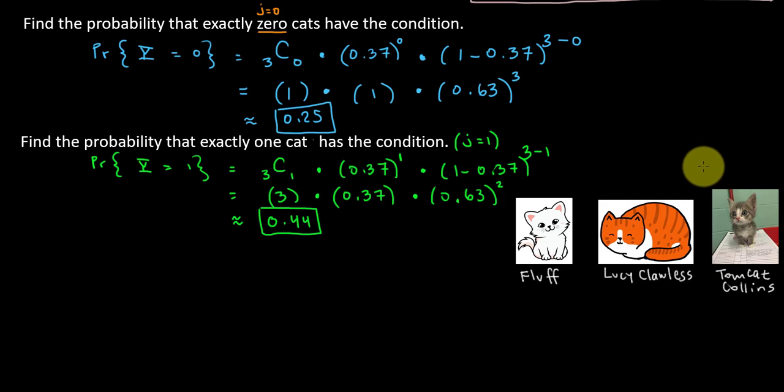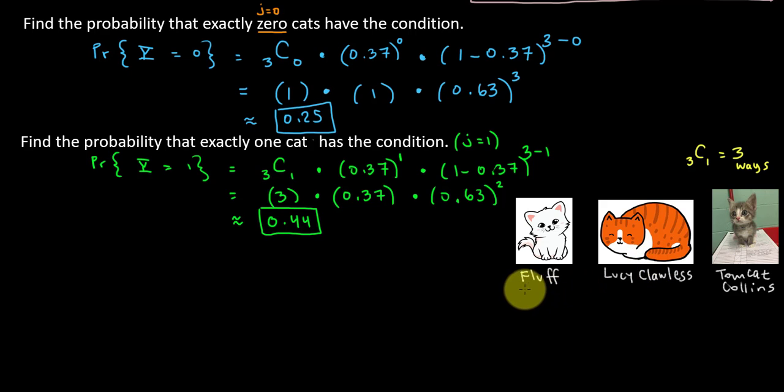I want to touch on this idea of 3 choose 1 and why that equals 3 again. Here we've got 3 kitty cats. We've got Fluff, who got the short stick on the names, Lucy Clawless, and Tomcat Collins. Don't want you getting them confused, so they've got names. And there are 3 ways that 1 cat could have the condition.